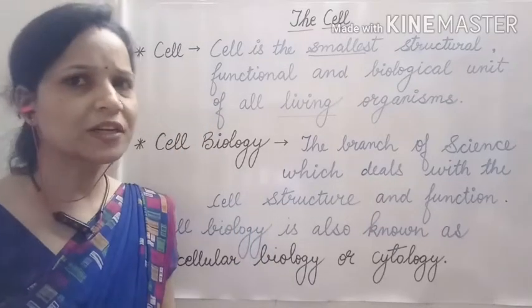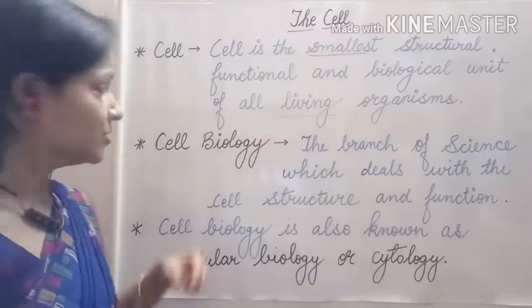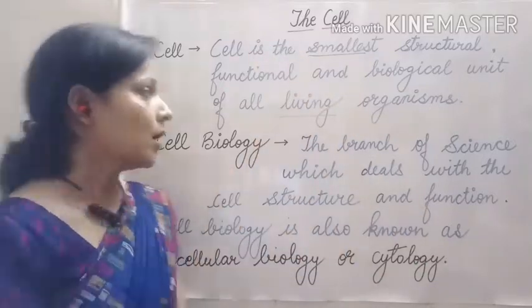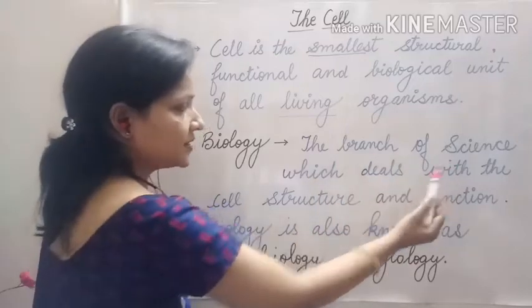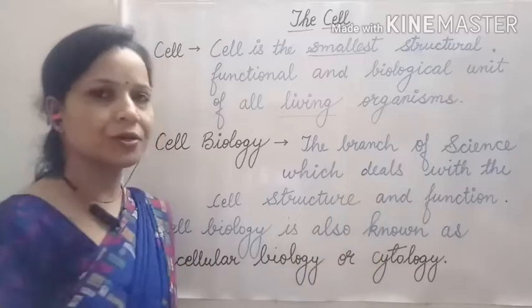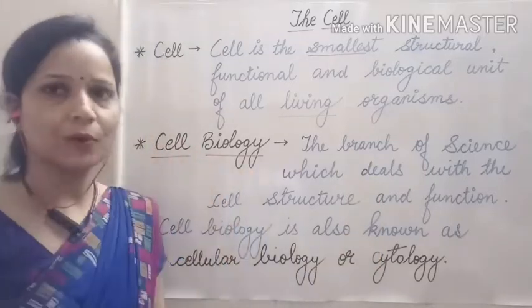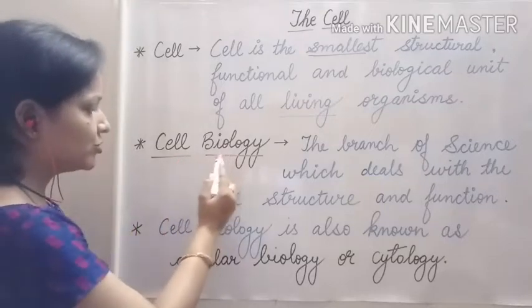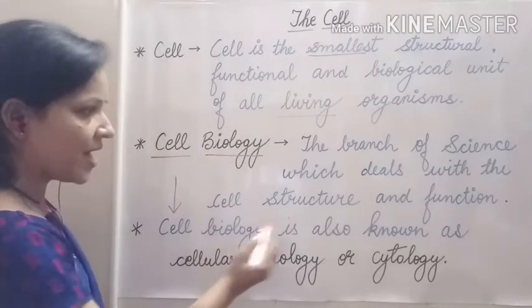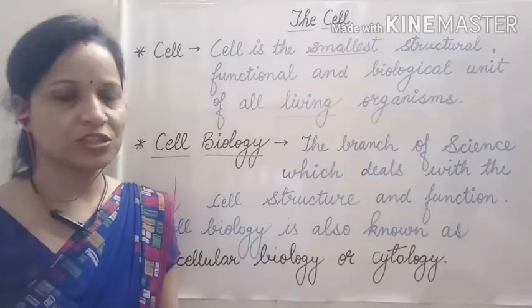Now, some more terms are associated with this topic, that is cell biology. The branch of science which deals with the cell structure and function is known as cell biology. Cell biology is also known as cellular biology and cytology.